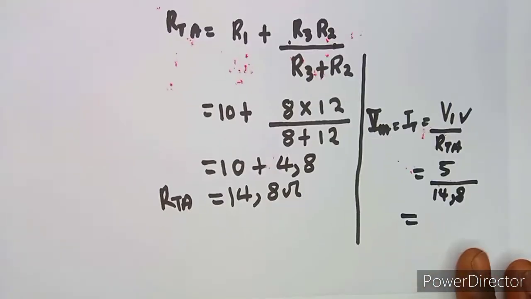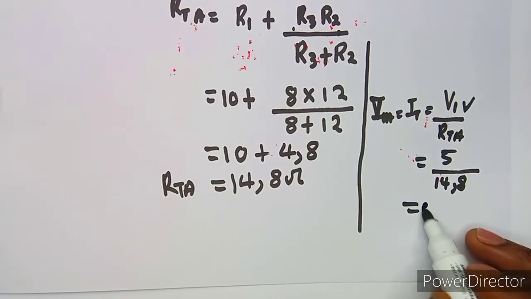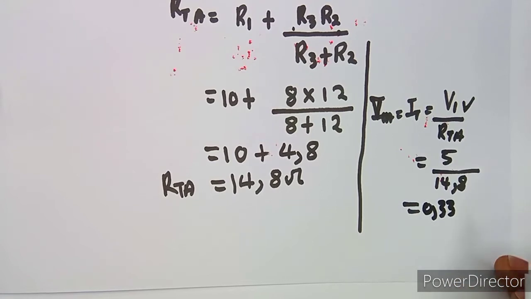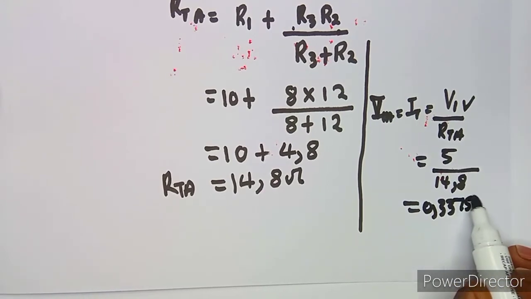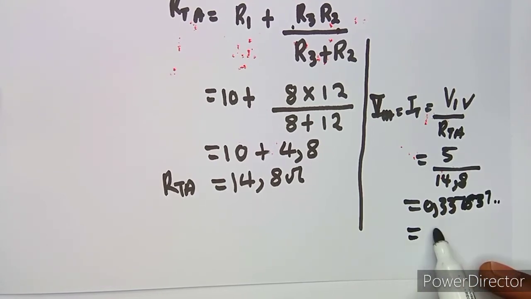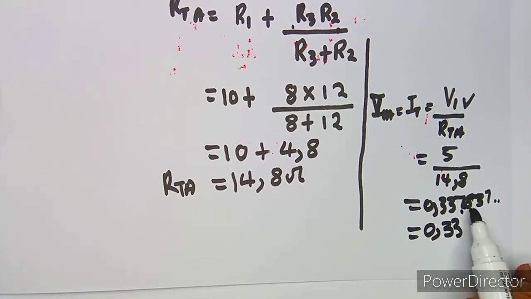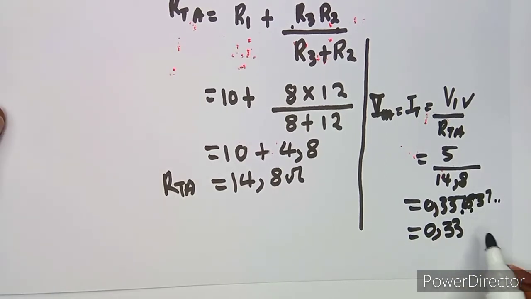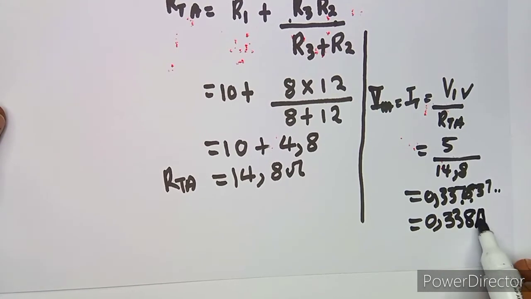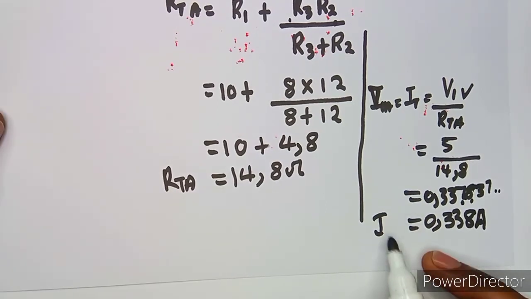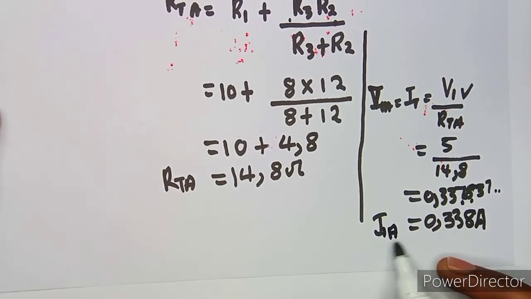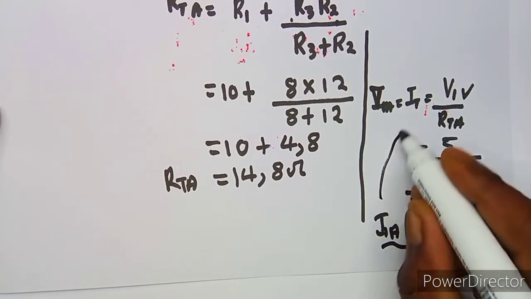So this is going to give us this decimal, guys. Okay, let me just adjust this way. You're going to obtain 0.337578 like that. All right, which to 3 decimal places is 0.338, because this 8 is going to change this 7 into 8. So this is the total current, which in this case we are representing as I1A, representing the total current.